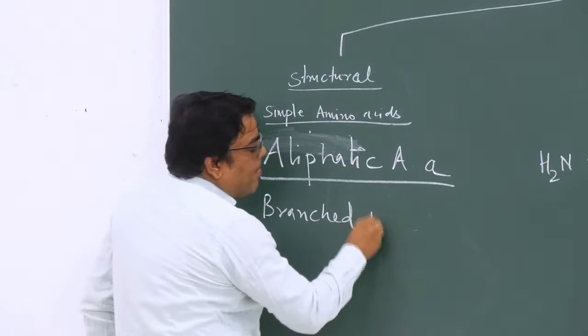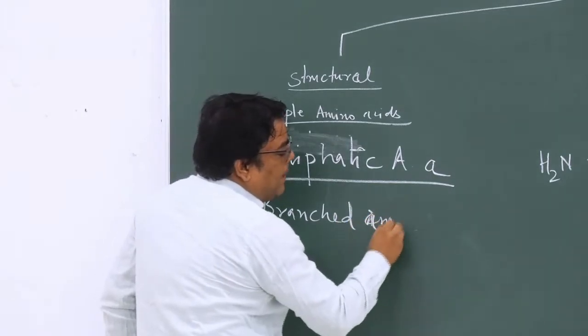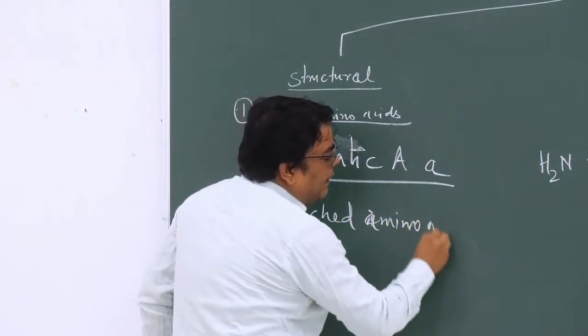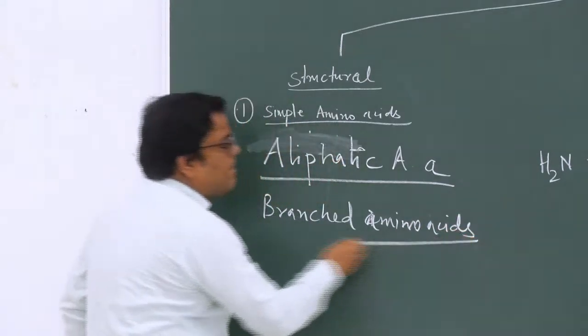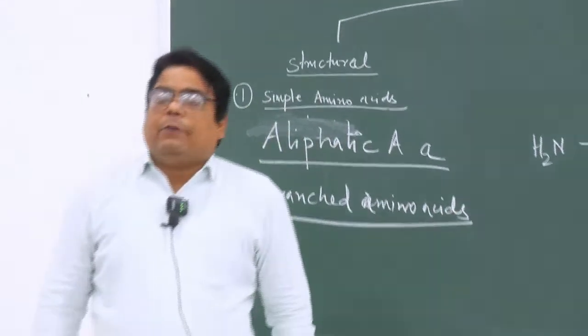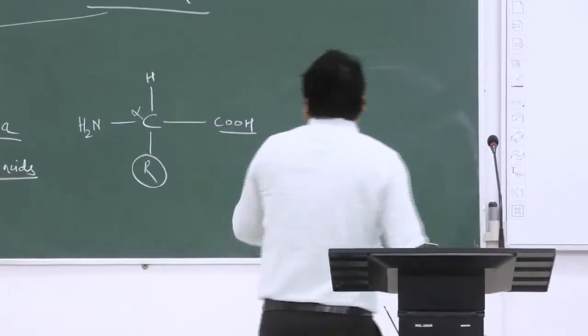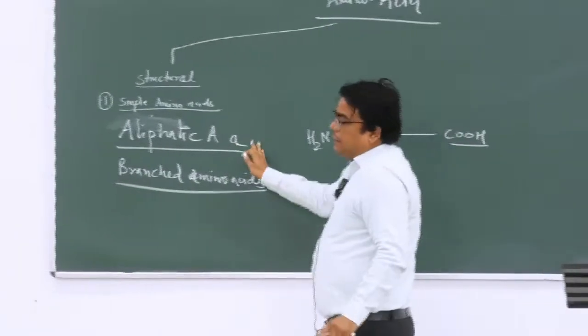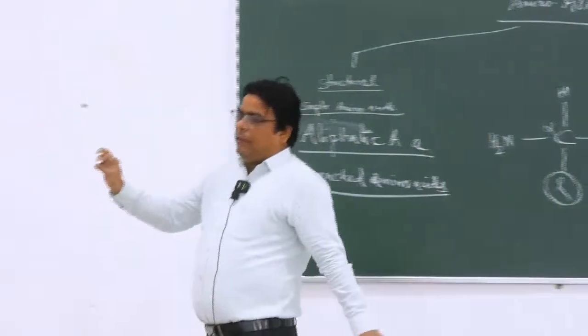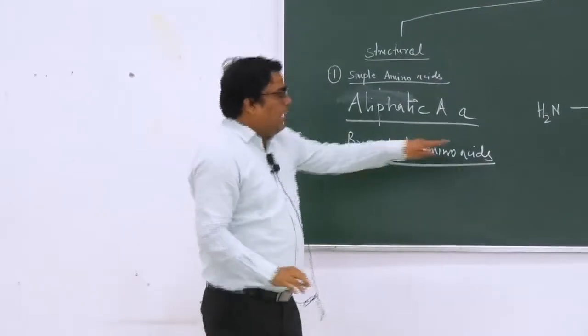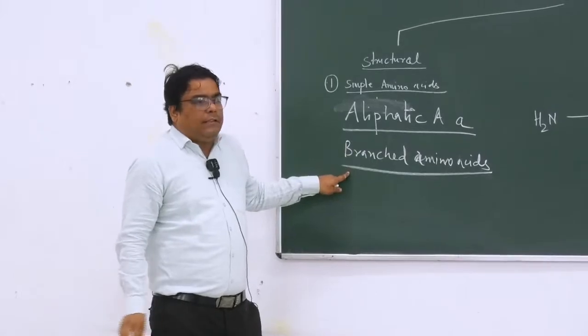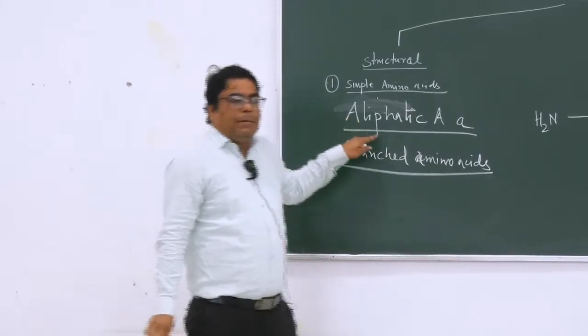We discussed aliphatic and branched amino acids in the previous class, so I will not go into detail. They simply contain a simple functional group, a simple chain, an aliphatic alkyl group. Branched amino acids have branching.